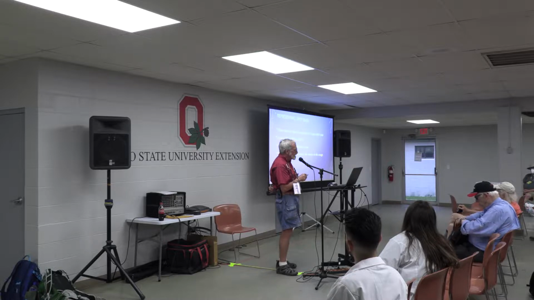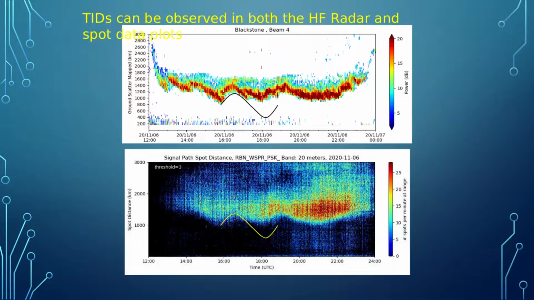The y-axis is the signal distance in kilometers, and the point color is the number of spots this minute at this range. So down there you see the corresponding plot of the spot data.